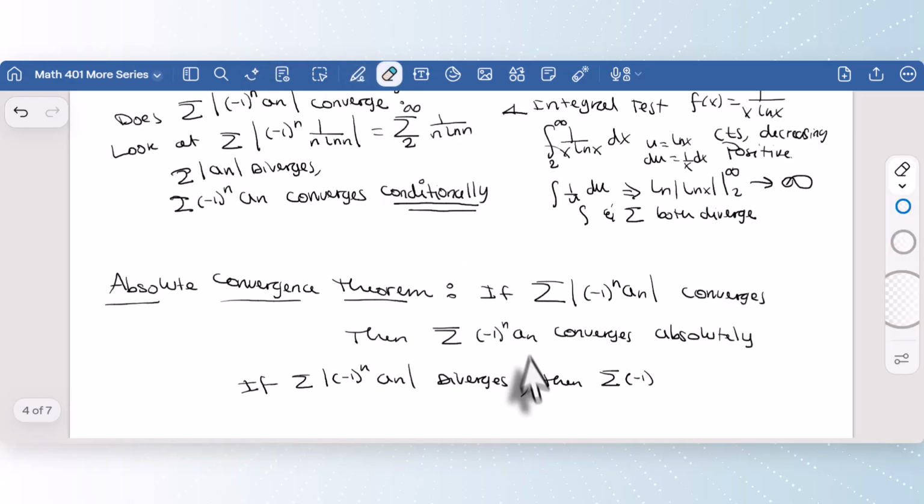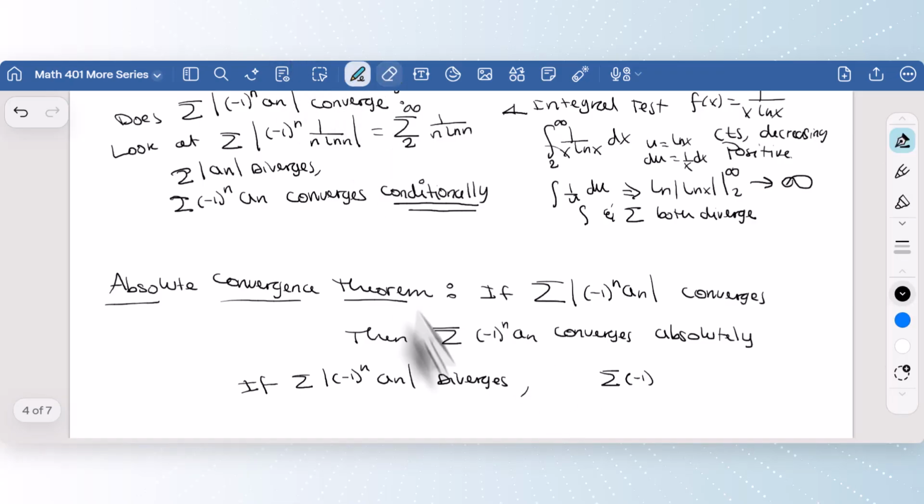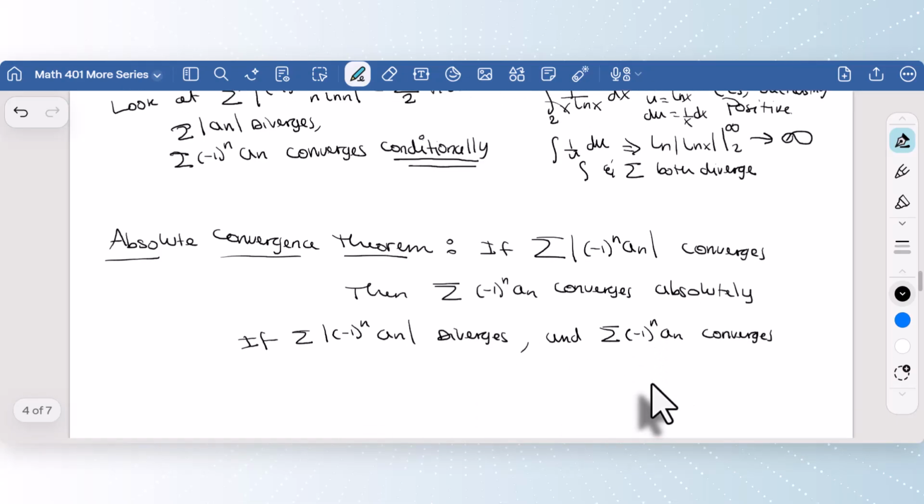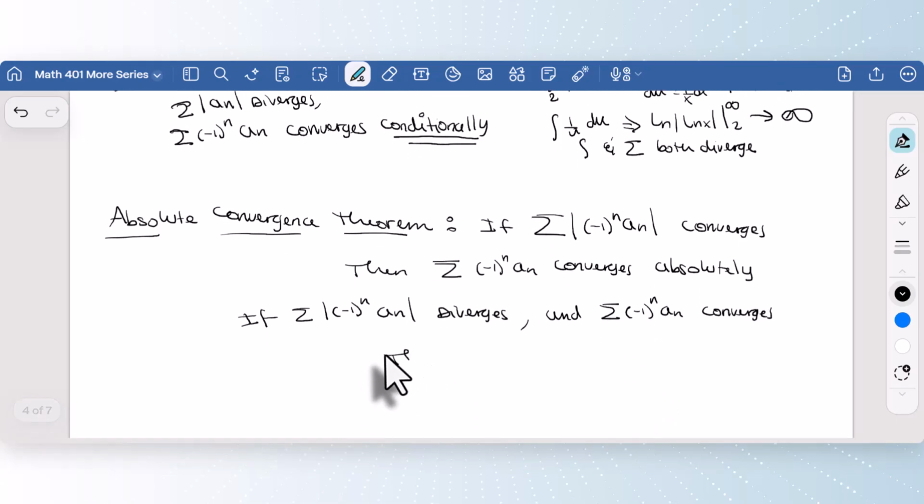Let me erase this and say, and a sub n converges. Right, so if the absolute value diverges but the regular alternating series converges, then we say that the alternating series converges conditionally.